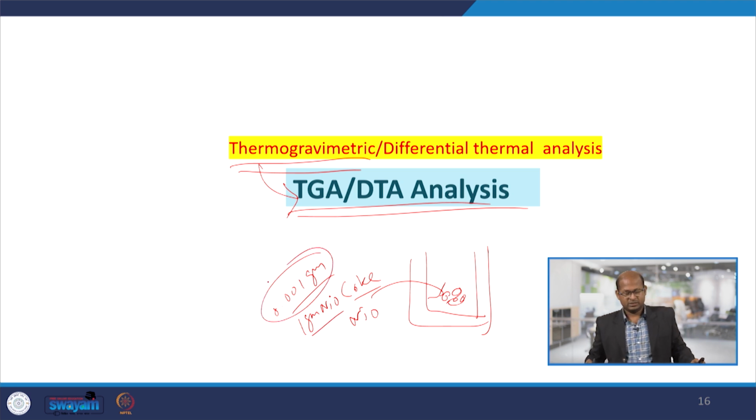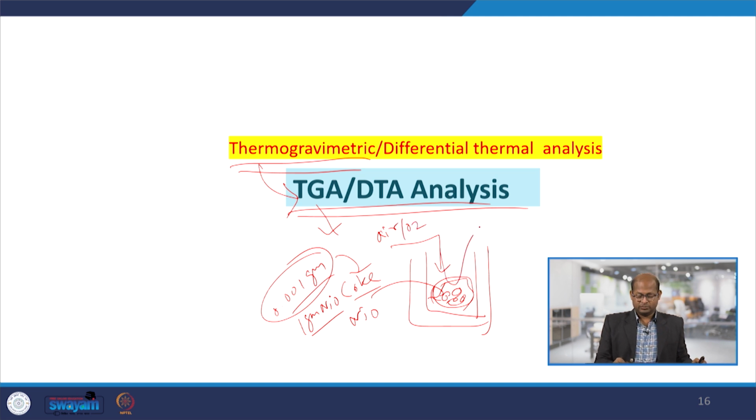How much coke was deposited, we can easily find out by TG analysis. Here, if we pass air or oxygen, the coke would be oxidized. Coke plus oxygen gives CO2, so that much coke would come out in this form.